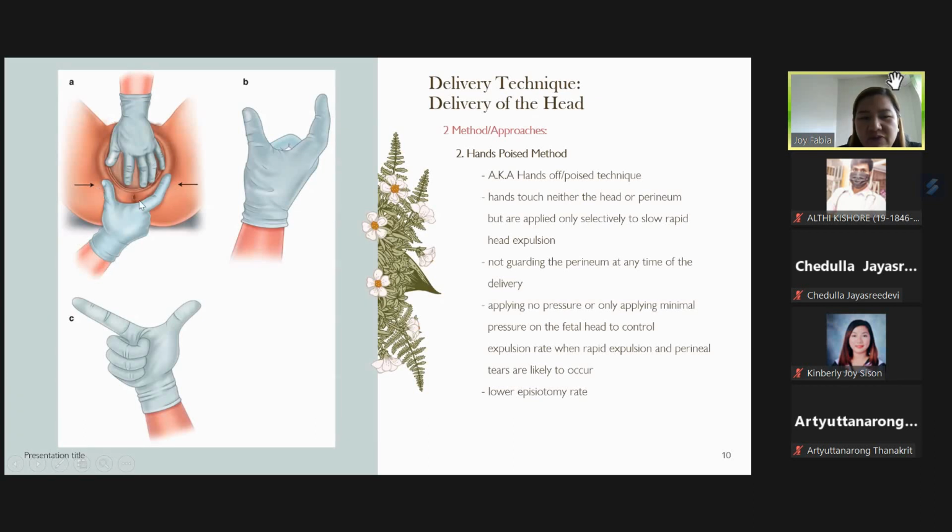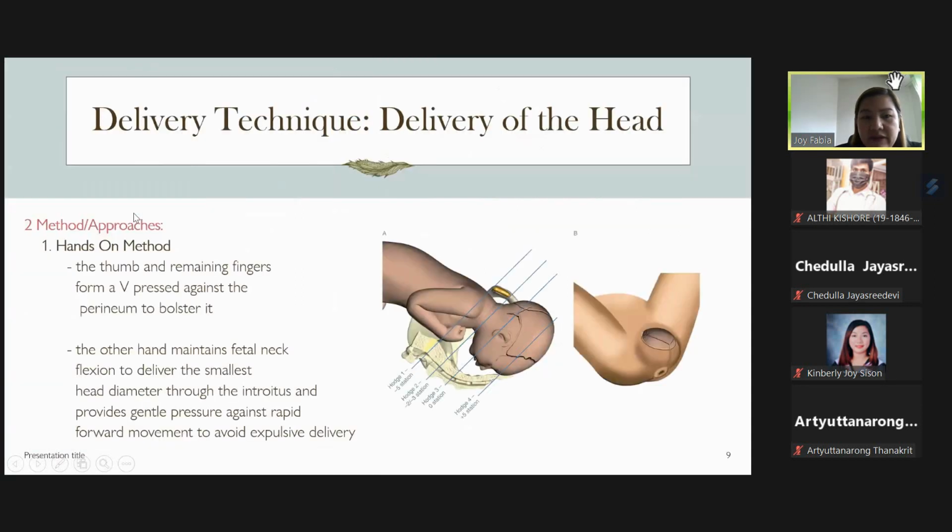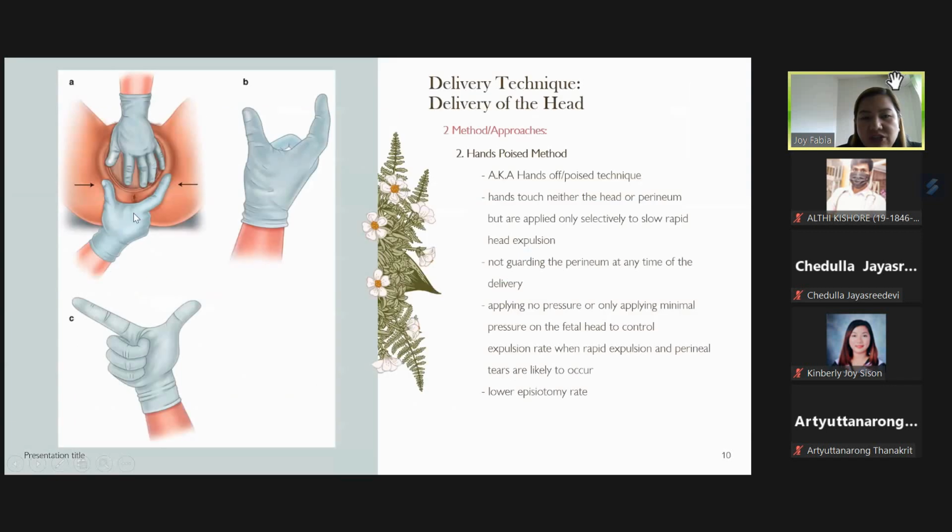This is the so-called V press, which is the hands-on method. The hands-poised method, we don't usually use it.